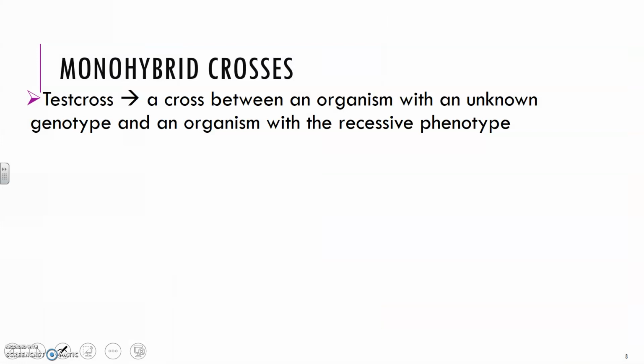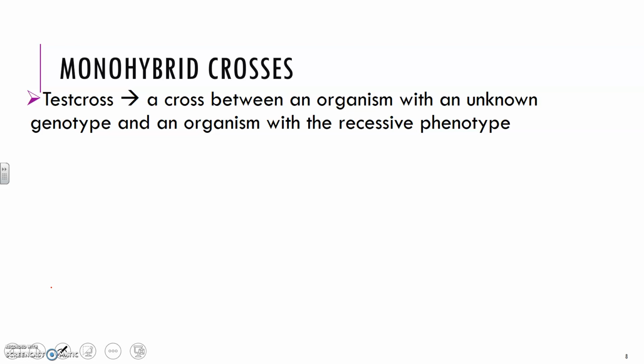So what they'll do sometimes if they don't know what the genotype of an organism is, they will do what's known as a test cross. So this is a cross between an organism with a known genotype, which is the recessive phenotype. So basically, if it has the recessive phenotype, they know that it's a homozygous recessive genotype.